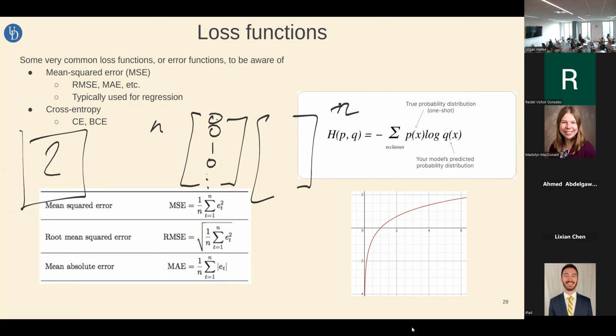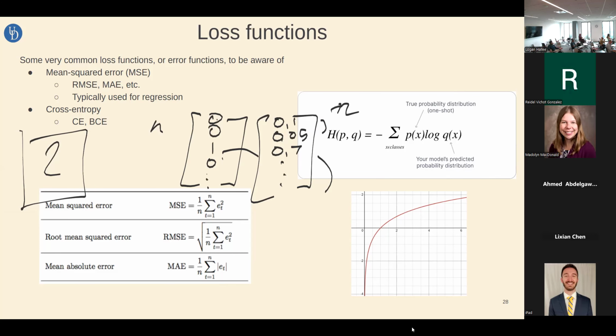Now, if our model's done an okay job, maybe it's something like small probabilities here, and then in this spot we have a much larger probability, like 0.7, and the rest. The rest of these values actually don't matter for cross entropy. For a specific example, you're just comparing these two numbers, this 1 and this 0.7.